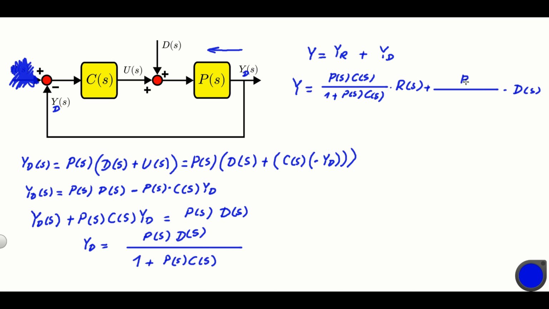In the numerator we have obviously p of s, and in the denominator we have 1 plus p of s, c of s, and that's it.